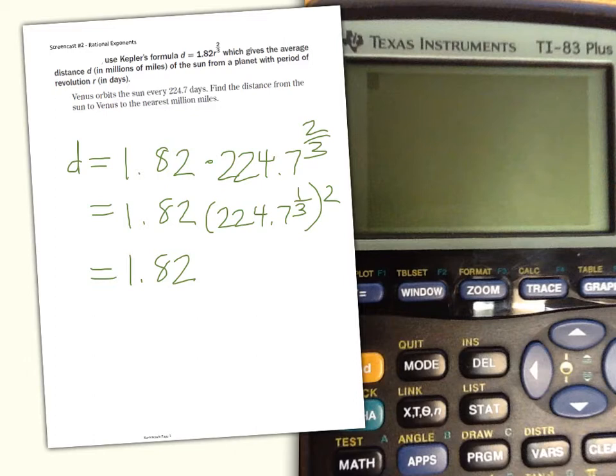Now we've rewritten 224.7 to the 2/3 power as 224.7 to the 1/3 power to the second power. Because as we know from the product rule of exponents, if you have a power to a power, you multiply them. So if we were to multiply this 2 back to this 1/3, we would get back 2/3. So yes, this right here is definitely equivalent to this right here.